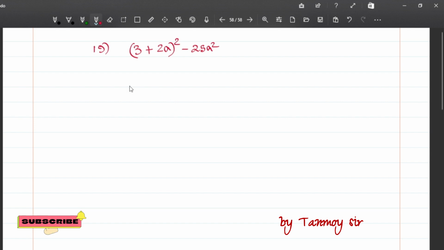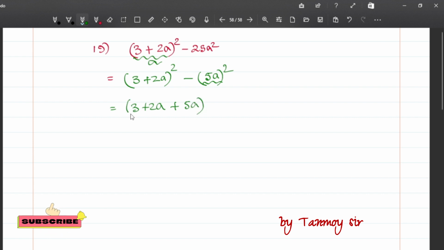Let's start sum number 19. Now the first bracket you can consider as the a, and 25a whole square as a b. Now expand with the formula a plus b and a minus b.